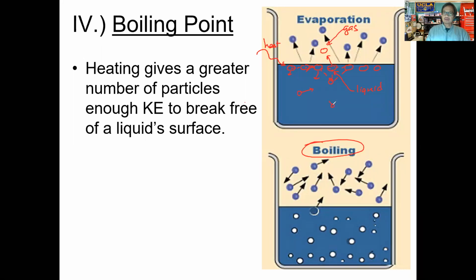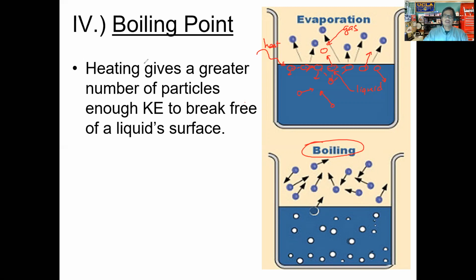As the particles absorb more and more heat, they move faster and faster, so the kinetic energy increases. As you heat up a liquid, the kinetic energy and speed of the particles increase, and so at the surface of the liquid, the particles start to leave faster. We said that if you apply heat to a liquid, it's going to evaporate faster. Think again of the pot of water in the refrigerator versus the pot of water in Death Valley in the desert. But what if we continue to heat it?